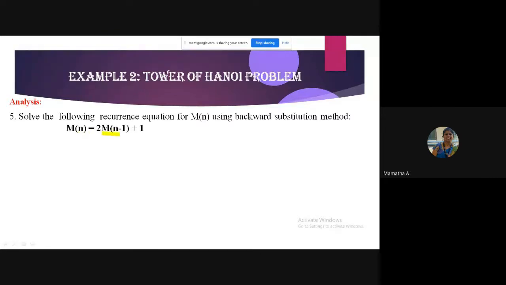That is, I should find the value for m of n minus 1. So what is m of n minus 1, students? I can write m of n minus 1 as what now?